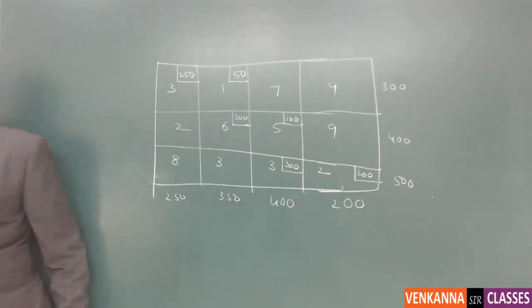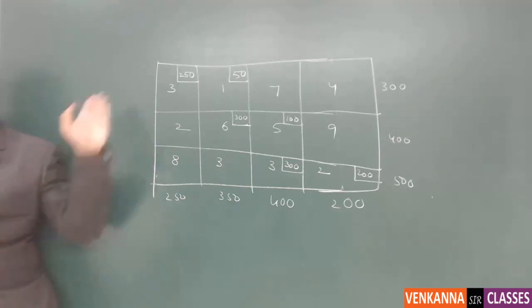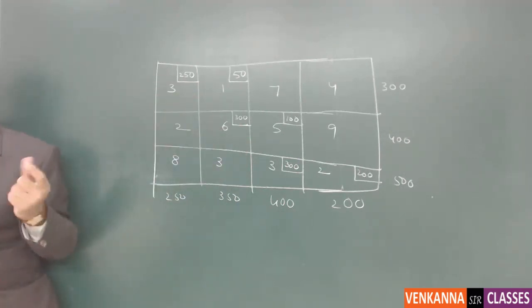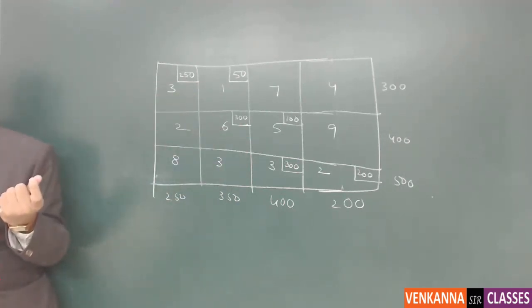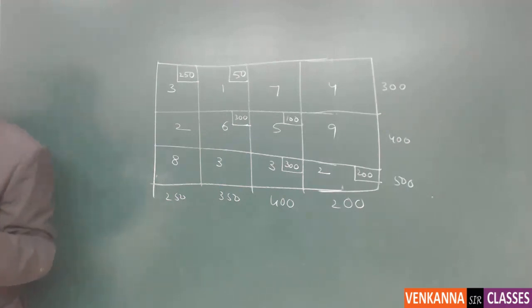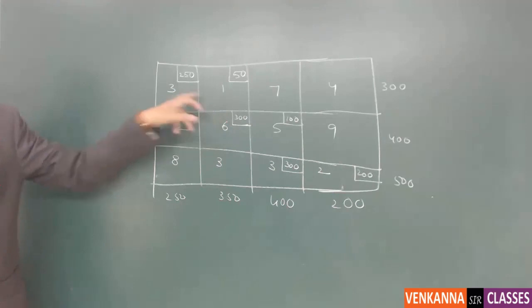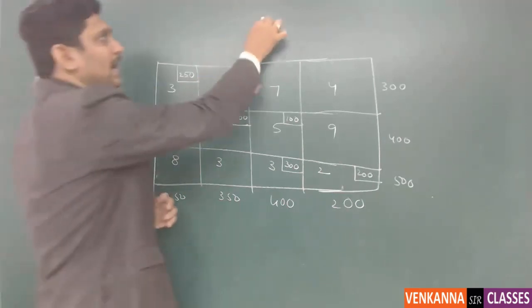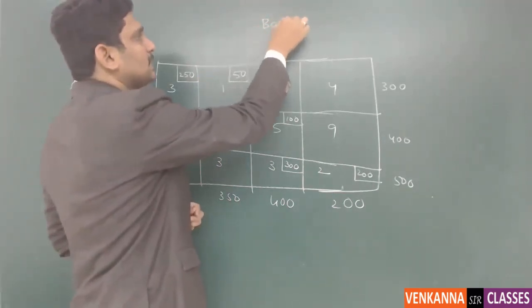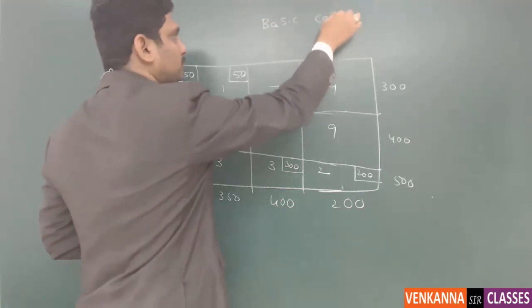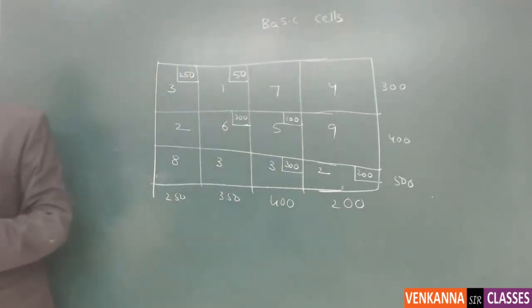Right. Now, in this table, you have made allocations to some of the cells. The cells where you have made allocations are called basic cells. In other words, they are the basis for the solution.